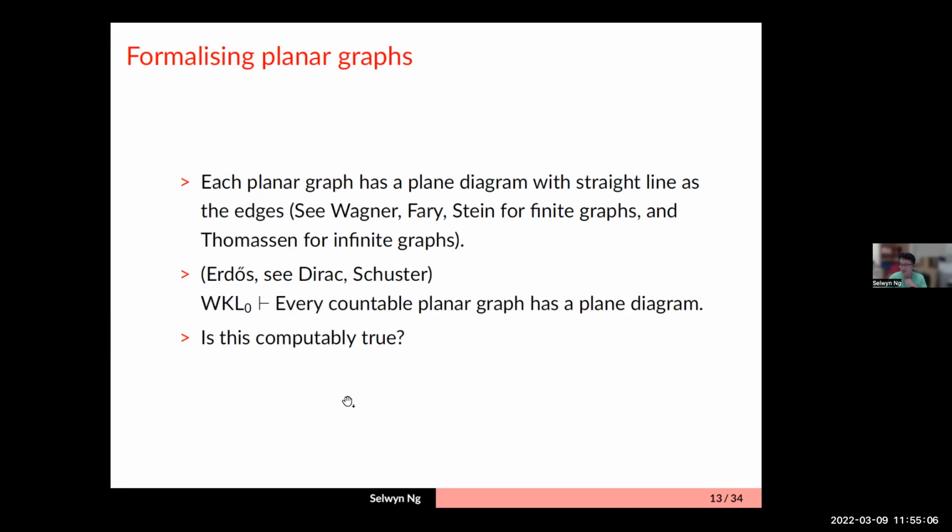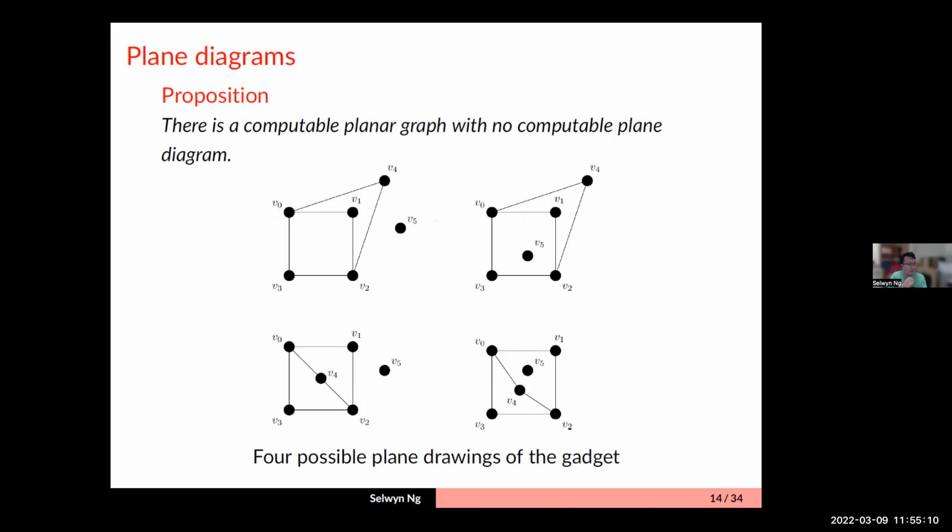The question is, is this computably true? So the first thing I want to discuss, as a warm up, is that it's not actually that hard to show that there is a computable graph that has no computable diagram.